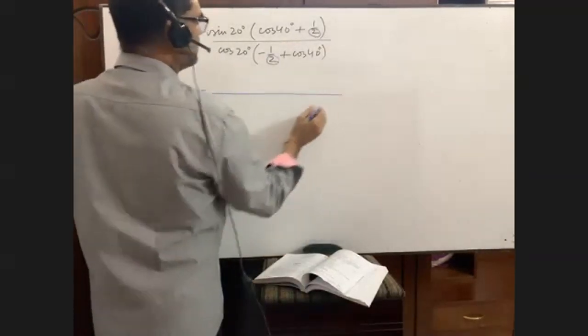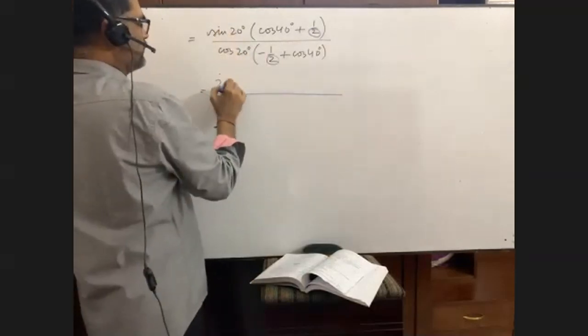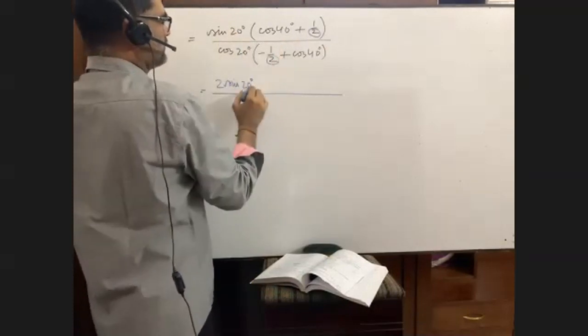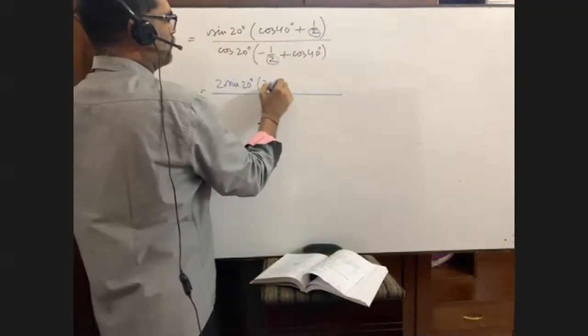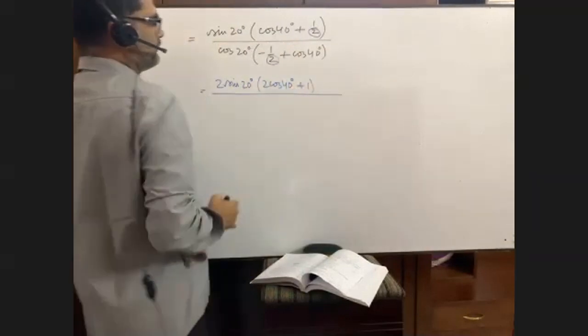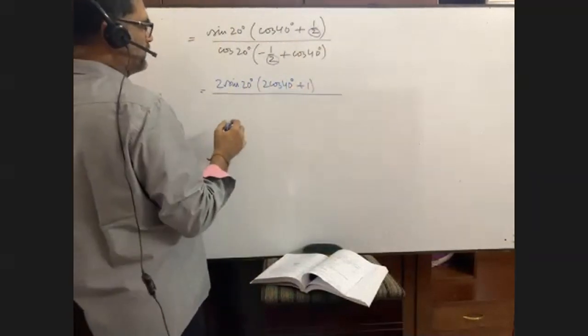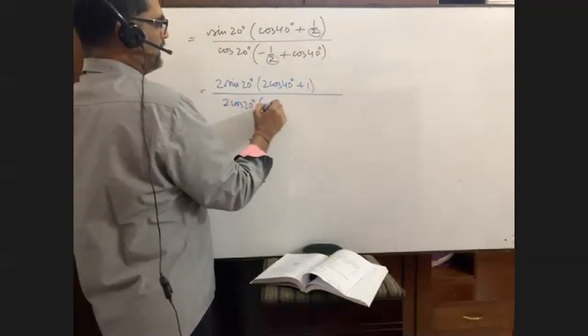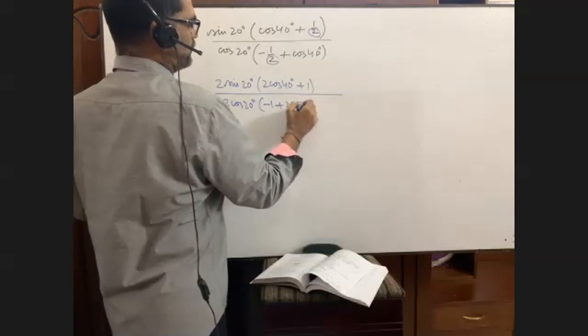Then it is 2 sine 20, 2 cos 40 minus 1, right? In the denominator, 2 cos 20 degree minus 1 plus 2 cos 40 degree.